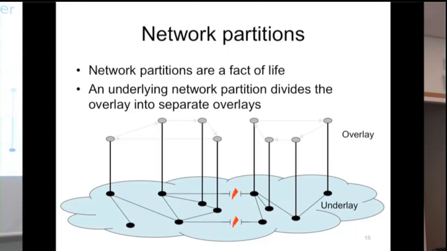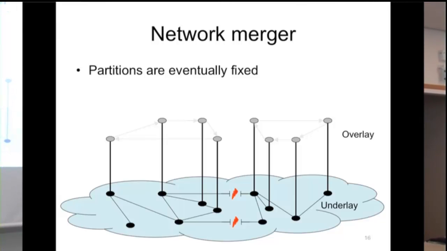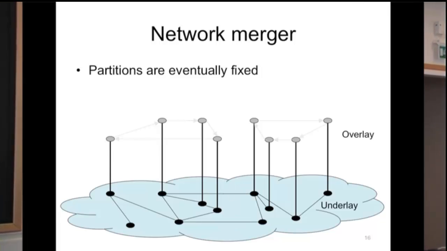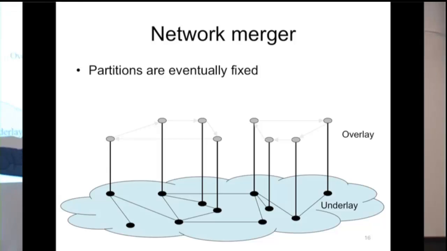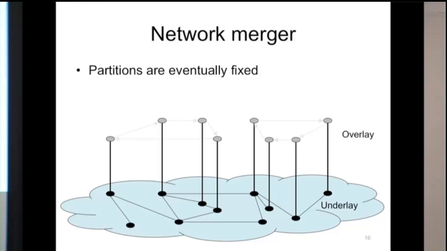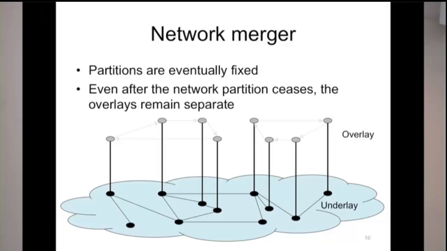But someone is going to notice that there was a partition and fix it, or if it's an autonomous system, the partition will eventually be fixed. So even though the network is fine now, the overlays still remain separate. Ideally, what we want is that once the partition heals, we should also merge the overlays into one.